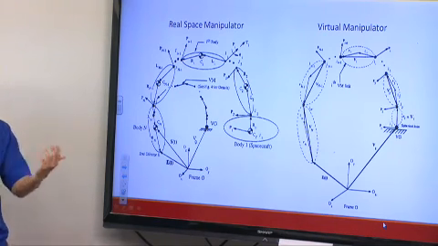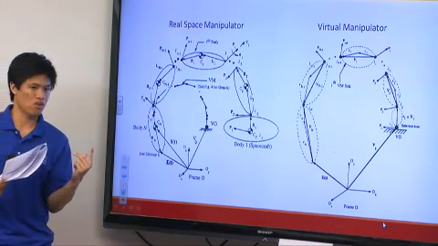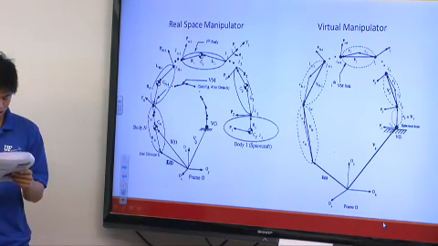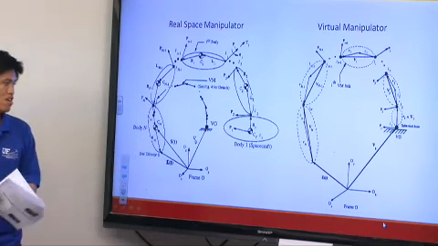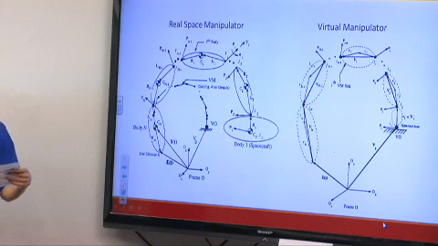Or it moves, but it's fixed to an inertial reference frame. So by doing this, position and attitude dynamics become uncoupled.